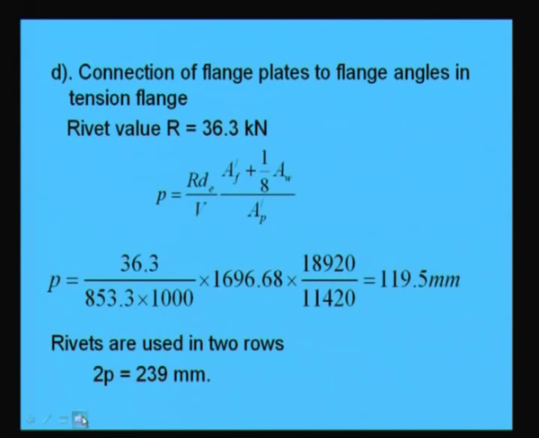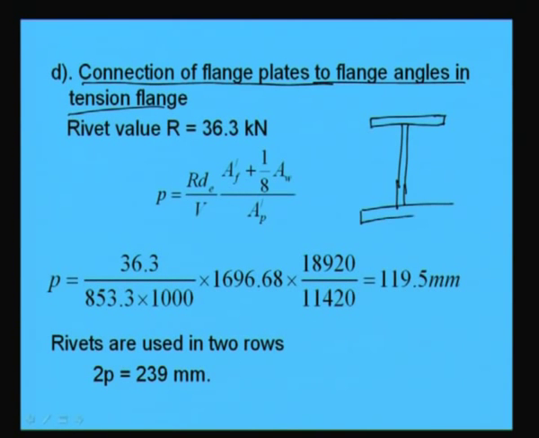Now, we will go for connection of flange plates to flange angles in tension flange. So, 4 cases are happening. If we see, 4 types of connections are happening, and we have to find out the number of rivets or the pitch distance properly, right. So, in this way it was.